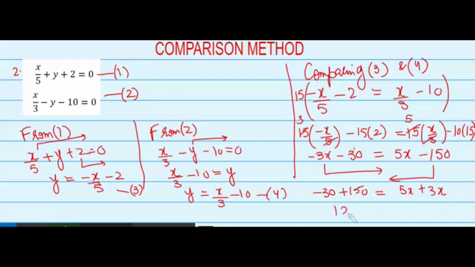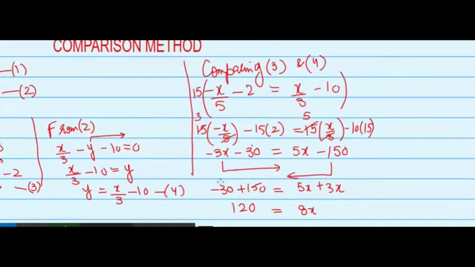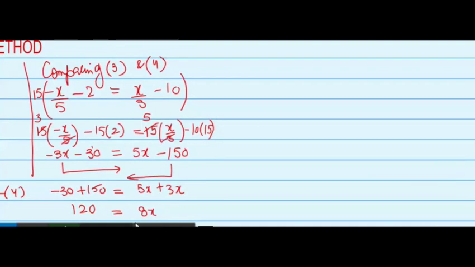So it will be 120 and it will be 8x, right? Okay, so dividing both sides by 8, we get 120 over 8 equals x. So 8 15s are 120. So the value of x is 15.